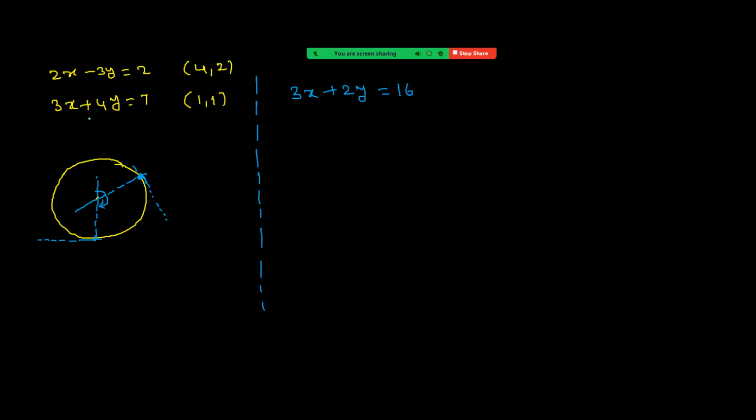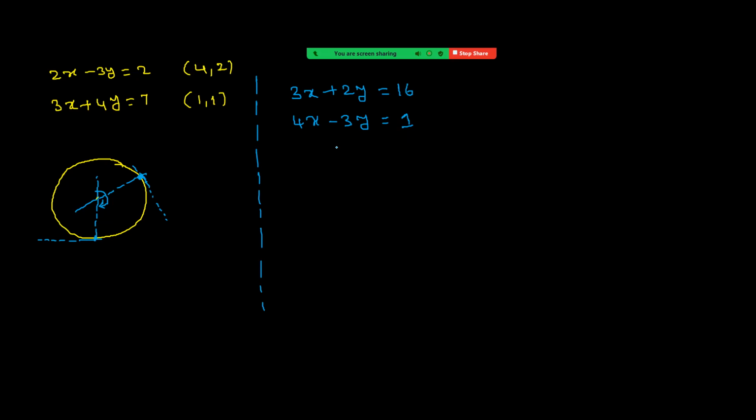Next, coming to this one, the normal is 4x minus 3y equal to, again, this normal is passing through the same point, that's why again 1, 1. Take 1 into 4, again 1 into 3, 4 minus 3, it is 1.